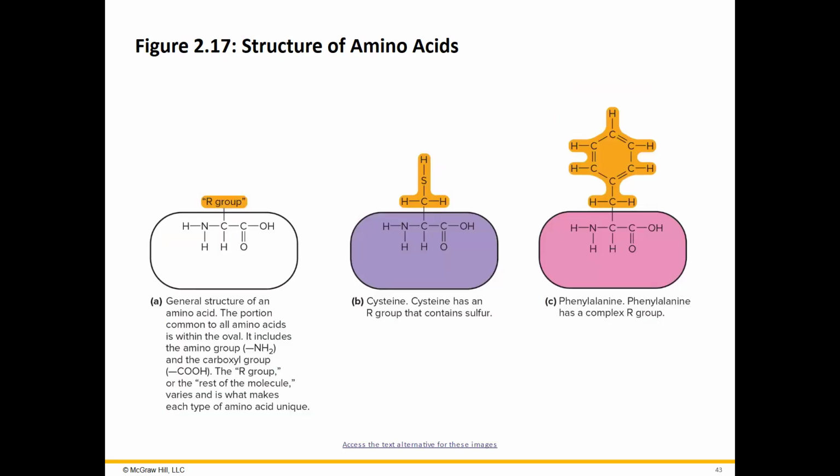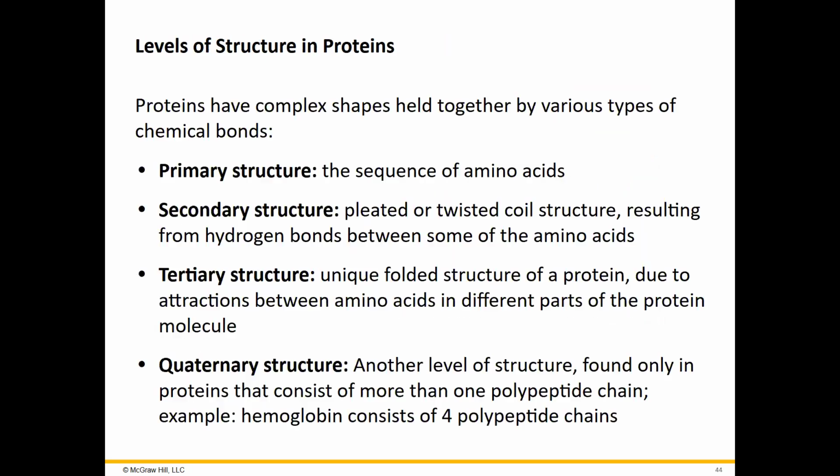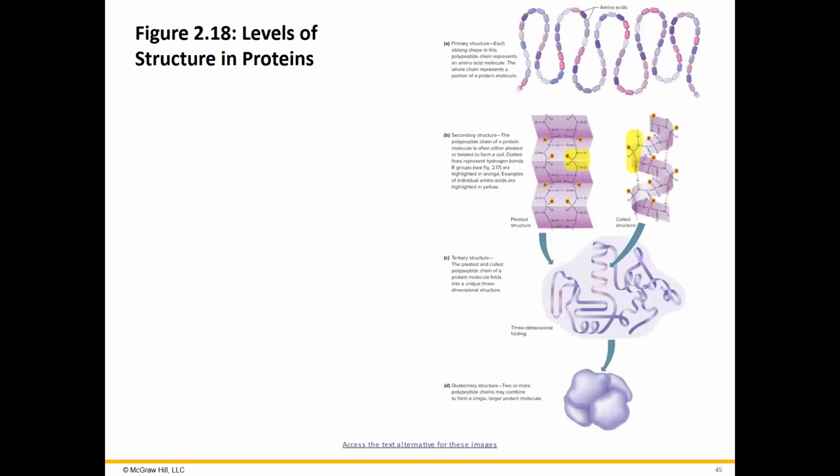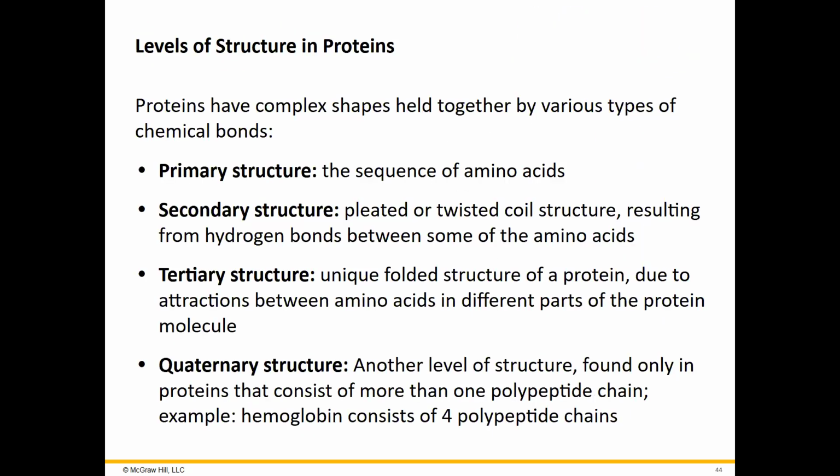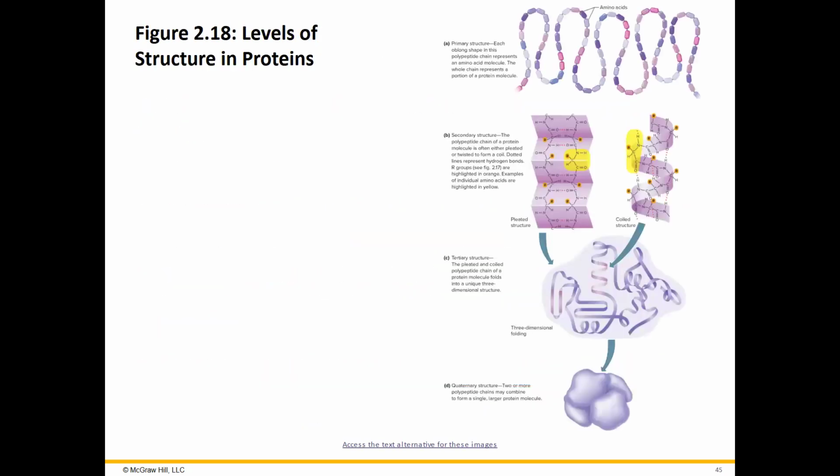When we're forming our proteins, because right now we just have amino acids, long chains of amino acids are now a protein. The proteins have complex shapes. They can be primary structures, which is just a long sequence. It could be a secondary structure where that long sequence has now formed into folded pleated sheets or coil structures.